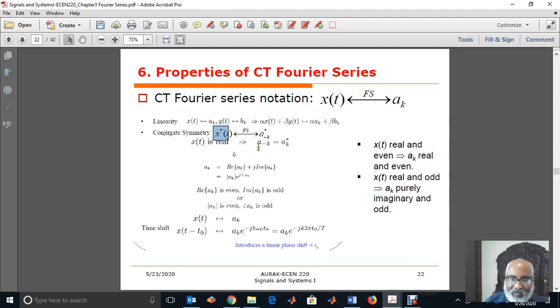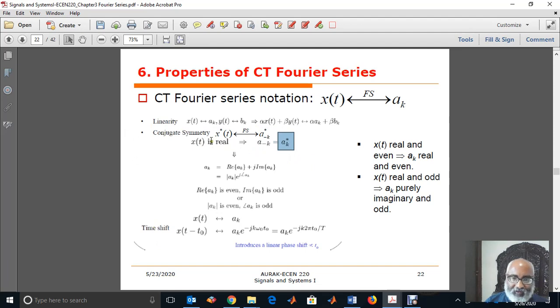Then if you simplify, a_minus_k is the same as a_k conjugate. So this property is called conjugate symmetry. The time reversal of a_k gives me the conjugate of a_k.